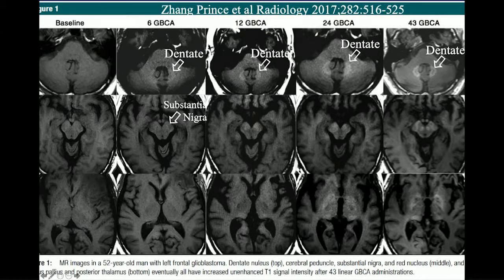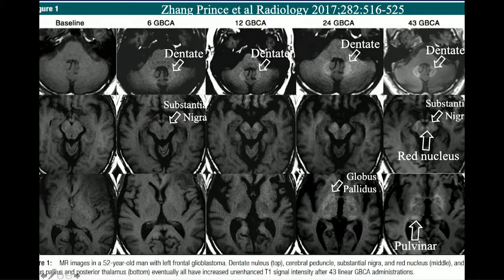And also substantia nigra, and red nucleus, and globus pallidus, and we now know the pulvinar. We now know the gadolinium is all over the brain and actually all over the tissues, all over the body. And so this may also motivate people to use the macrocyclic agents, which have less uptake, deposition in tissues throughout the body compared to linear and especially non-ionic linear agents.